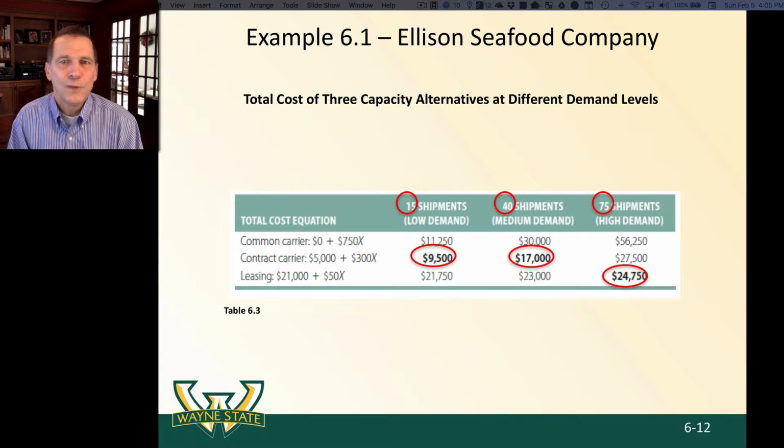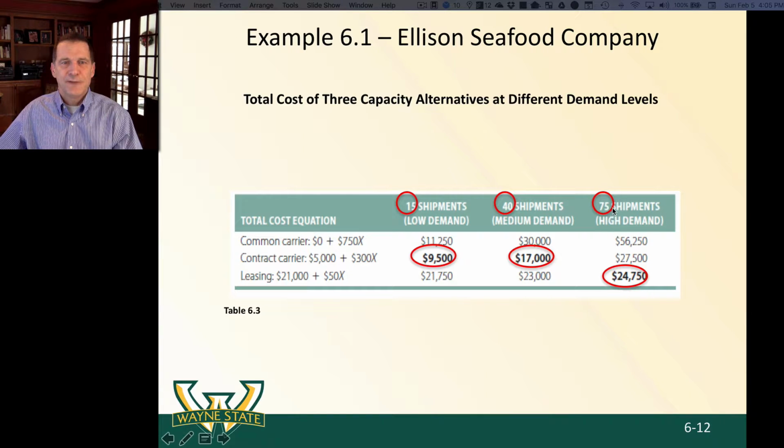In one, we only get to 15 shipments and we stay there in what we'll call low demand for a fairly long period of time. If we get to 15 shipments, that would favor the contract carrier. So that's scenario 1. Scenario 2, if we get to 40 shipments and stay there for a long time, we'll call it medium demand. That would still favor the contract carrier.